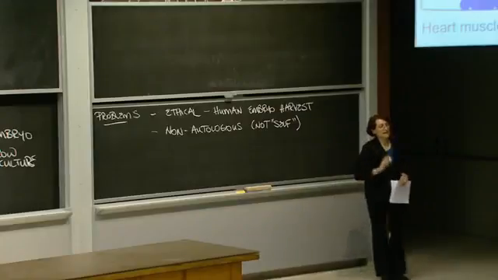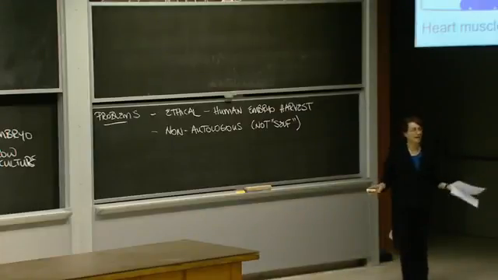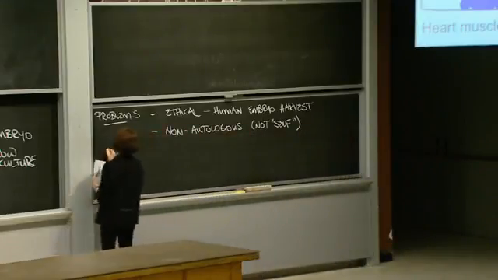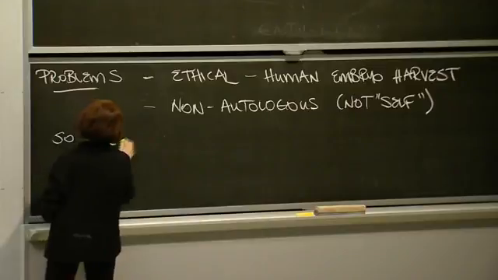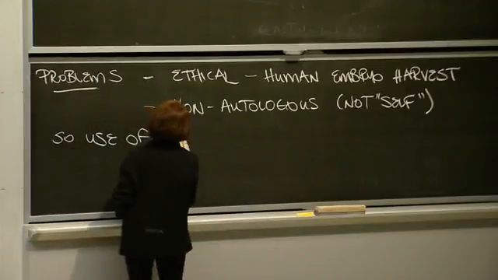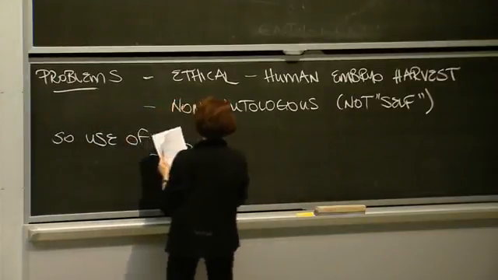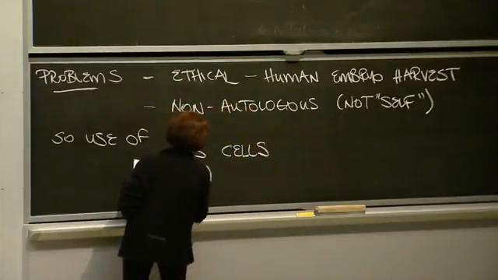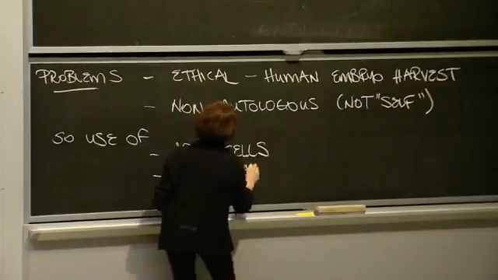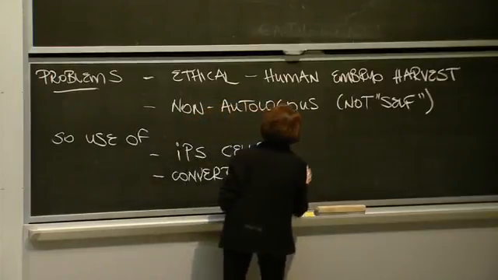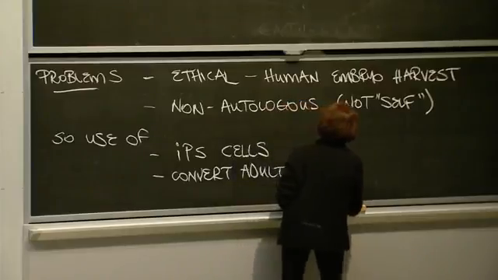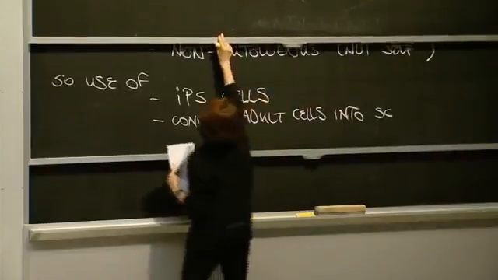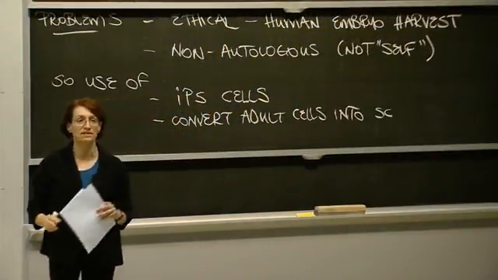So the latest thing that is very exciting and wonderful and potentially might be very useful is the use of things called iPS cells, in which you convert adult cells into stem cells, and you do so, as I'll tell you, by adding some transcription factors to them.